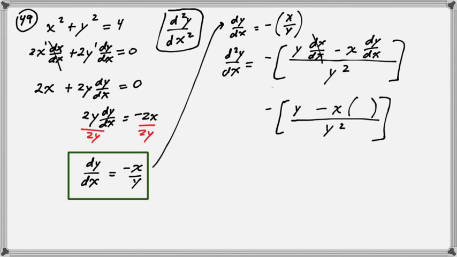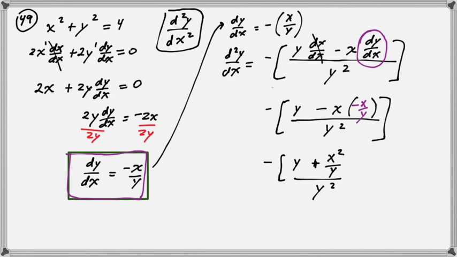At this point, I'm going to replace dy dx with what it says dy dx is. Negative x over y. So what happens here? I'll keep my negative out, and I have what? I have y. Would that become plus x squared over y all over y squared?